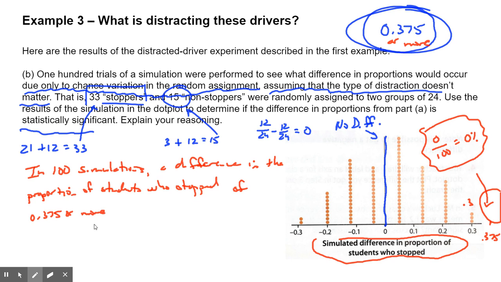And again, you could say occurred 0 times, or I'm going to say never occurred. That's 0 out of 100, which is 0%. So that's my first sentence.